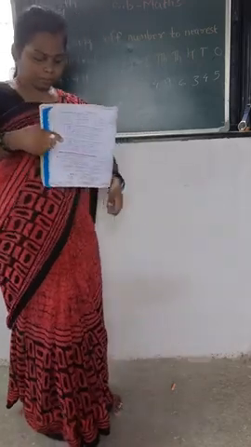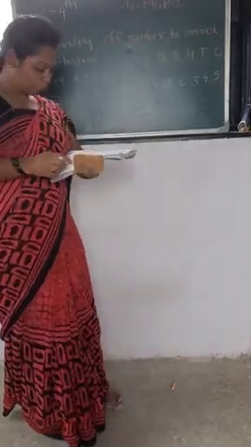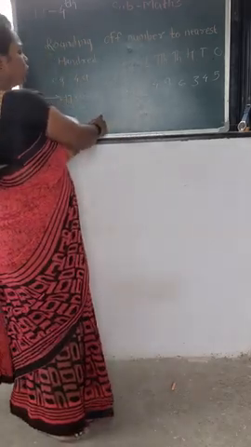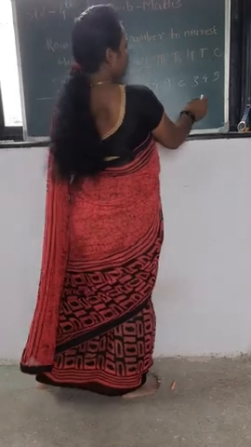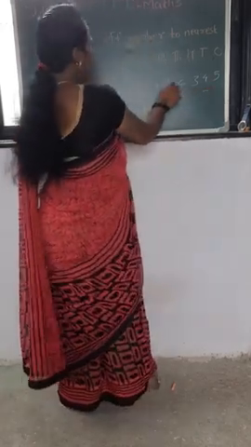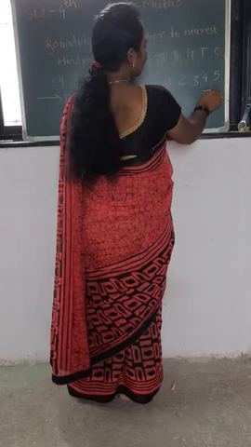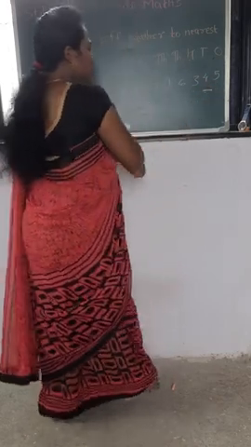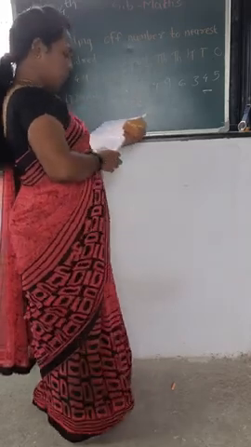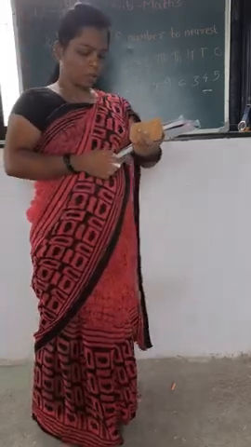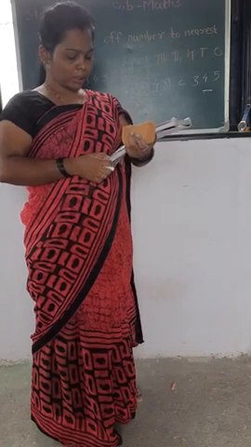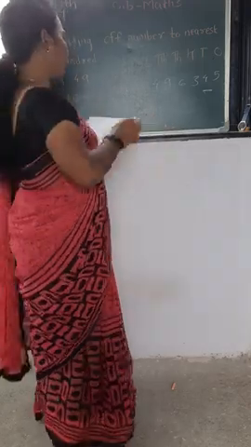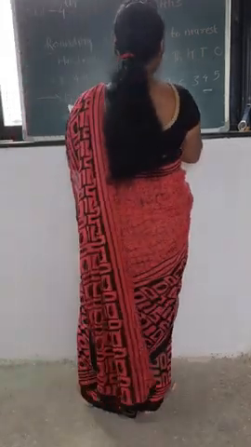Then identify the place value which is to be rounded off. We have to find the round off to the nearest hundred, so we consider the tens place digit. In the tens place, the digit is 4, which is less than 5. Then the third rule is if the tens place digit is less than 5, then write 0 at the ones place and tens place and keep the rest of the digits the same.